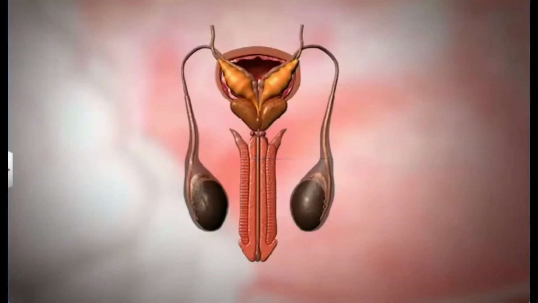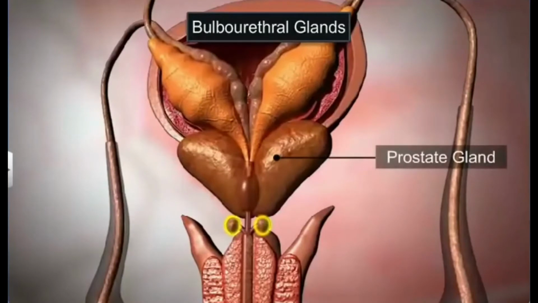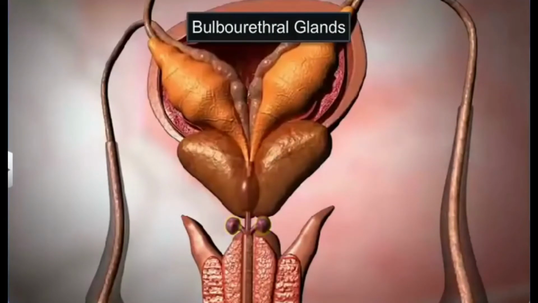The prostatic fluid contains calcium citrate and phosphate ions. The bulbourethral glands or Cowper's glands are pea-sized structures lying posterior to the prostate gland and at the base of the penis. Their secretions help in lubrication of the penis.